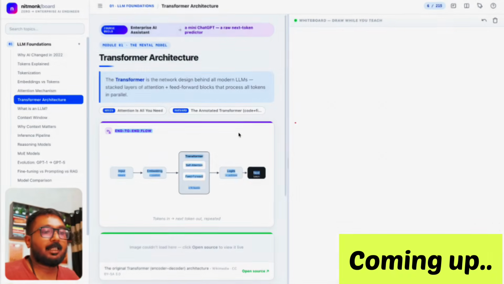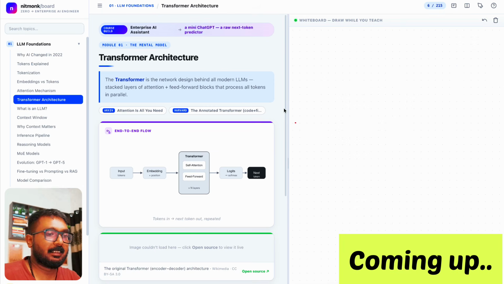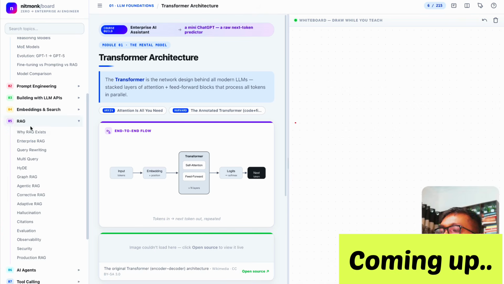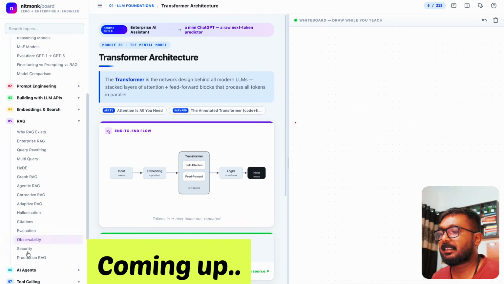Correct? I just tried to make it very straightforward and simple for you so that you can understand easily, right? Because we have lots of things to cover in the coming days, like prompt engineering, building with LLM APIs, embeddings, RAG, agents, tools. And even RAG is not a simple RAG. We'll go from why RAG exists to production RAG.